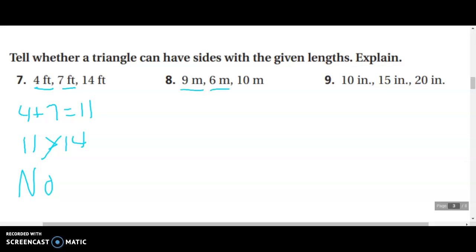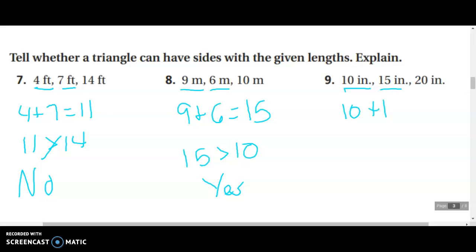Two smallest sides, 9 and 6. 9 plus 6 equals 15. 15 is larger than 10, so yes, this could be a triangle. Two smallest sides, 10 plus 15, they add up to 25. 25 is greater than 20. Therefore, yes, this could also be a triangle.